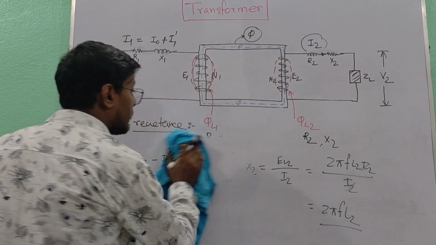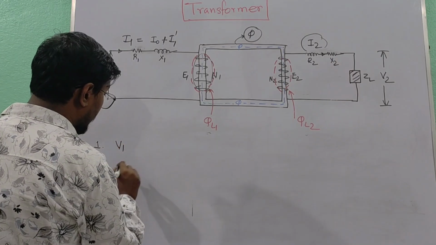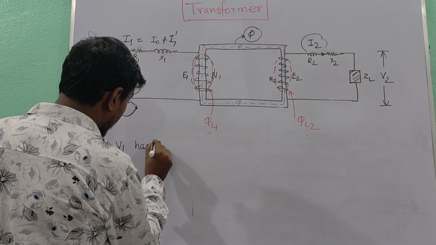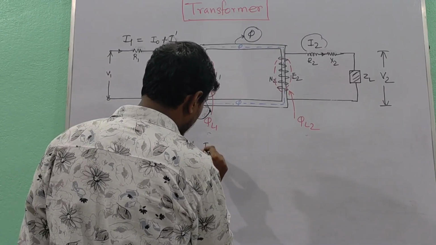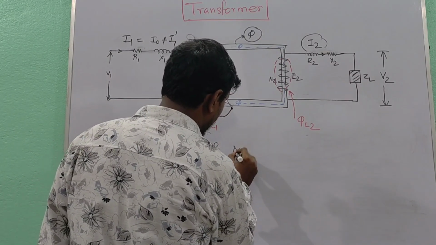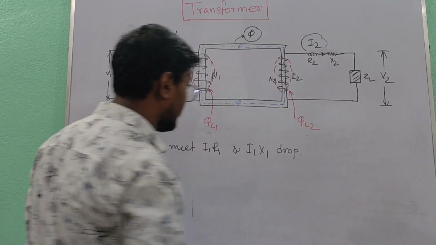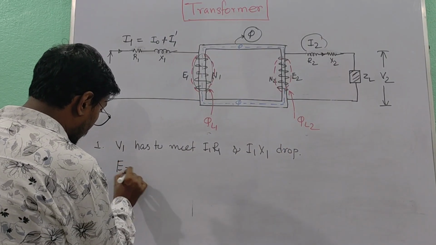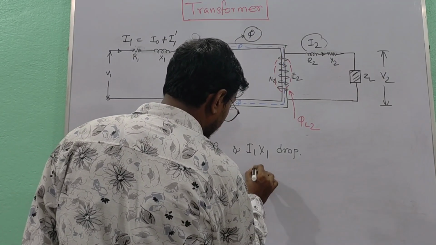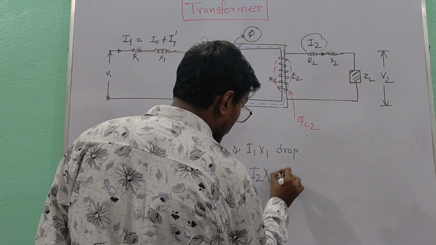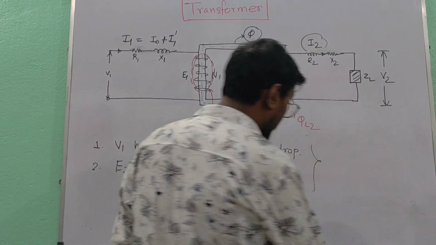So what are the conclusions we have drawn from here? Number one, V1 has to meet I1 R1 and I1 X1 drop. Number two, E2 has to meet I2 R2 and I2 X2 drop, that means resistive and reactive drop.